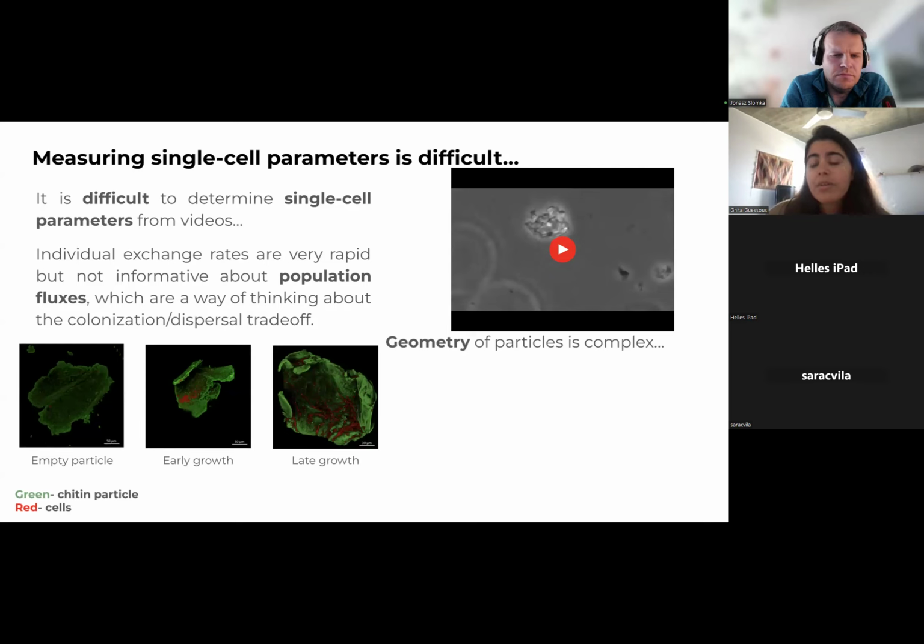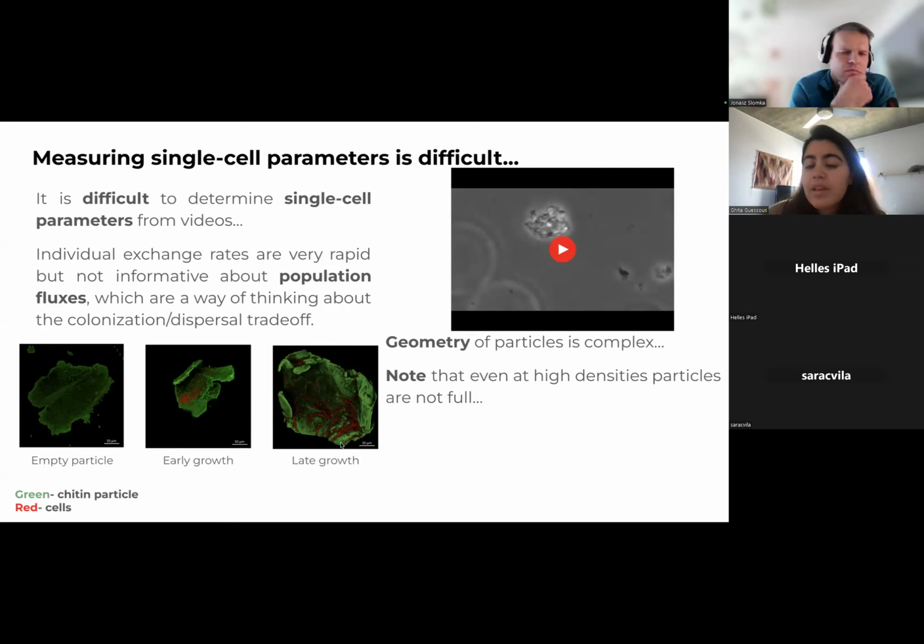And the geometry of the particles is quite complicated. So even writing down a simple model might not be the best thing to do in that case. And I want to note, this will become relevant in a second, that even at high densities, for example in this particle here, you see that it's not fully colonized. So there are very specific things happening on the surface of these chitin particles.